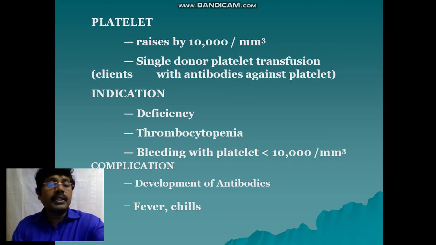Especially cases with platelet deficiency, thrombocytopenia, or bleeding with platelets less than 10,000 can receive platelet transfusion. Mainly this type of transfusion is complicated with fever, chills, and sometimes development of antibodies. Those antibodies destroy the cells in autoimmune disorders.